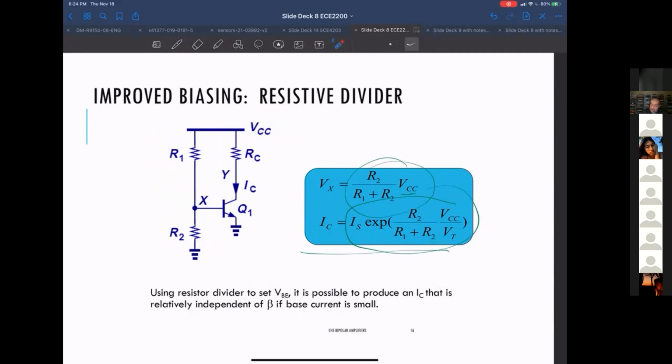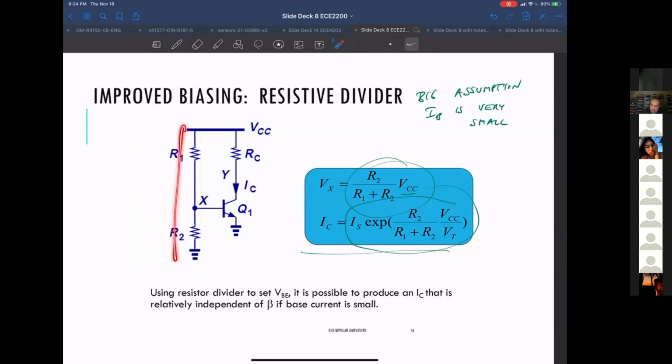Okay, now notice there is a big condition here. The big assumption is that I sub B is very small. Why is that? Because this equation for the voltage divider assumes the same current goes through R1 and R2.